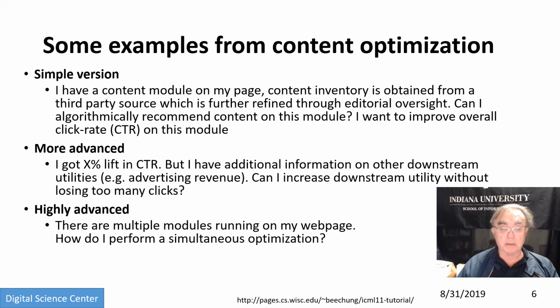There's no point in people clicking if they're not going to go and buy the car at the car dealership. So we need to make certain we attract the right clicks. And I need to look at this in a simultaneous fashion. We looked at the previous page. It had lots of different components, and we need to optimize those components together as a single overall multi-objective optimization. So it's all pretty non-trivial.